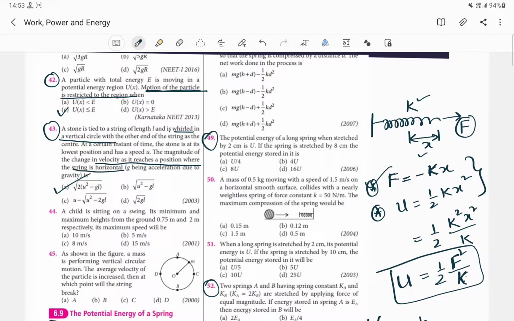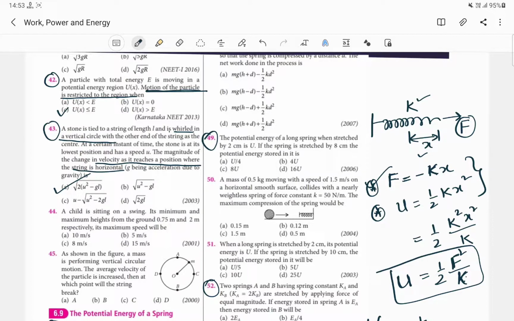We do know that spring will always have its potential energy because this external force applied will be conservative in nature. Conservative means it will depend upon the initial and the final position. For better understanding, if the spring is elongated by 1 centimeter, we will require only a small amount of force, and if we have to increase the length of the spring by 20 centimeter or 30 centimeter, we have to apply more force.